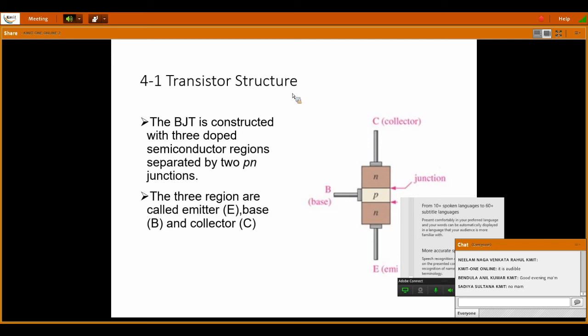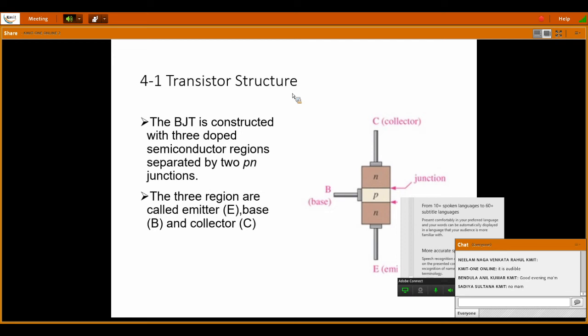So these are the areas occupied by each region. I'll repeat once again: emitter occupies moderate space, base occupies less space, and collector occupies more space.